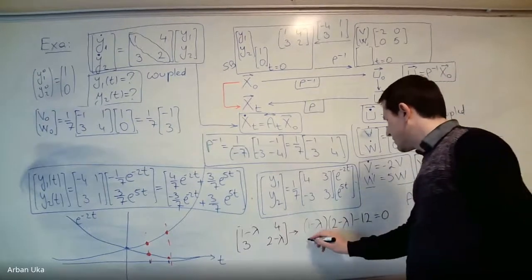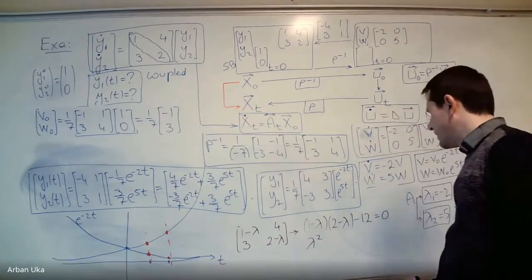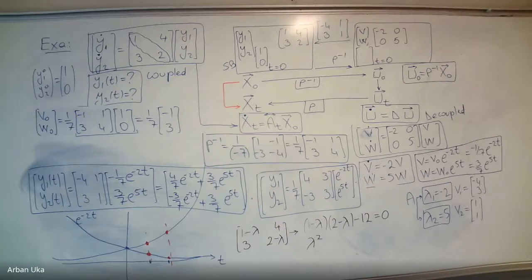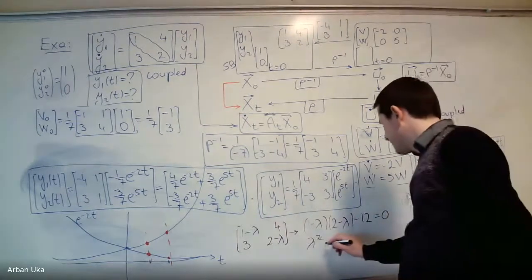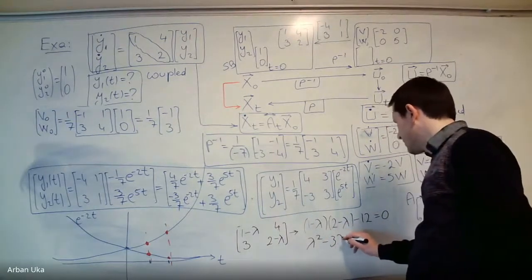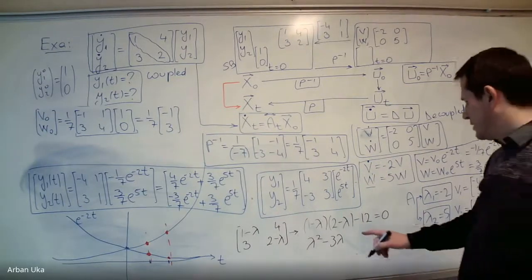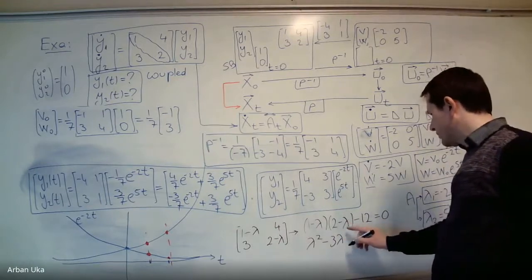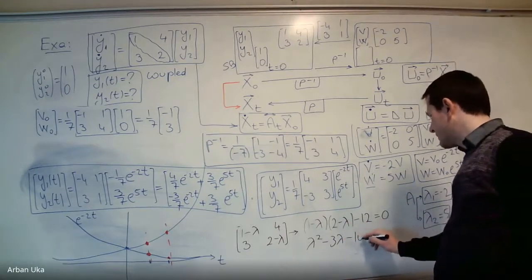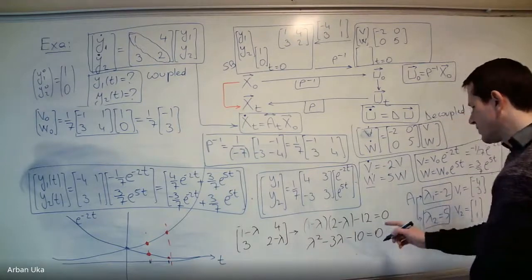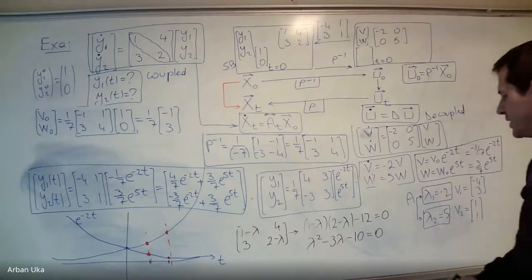Then here we get lambda squared, and then minus 3 lambda. I believe this is true. Then plus 2 minus 12, this is minus 10. This is equal to 0. So this is the second order polynomial we are solving here.